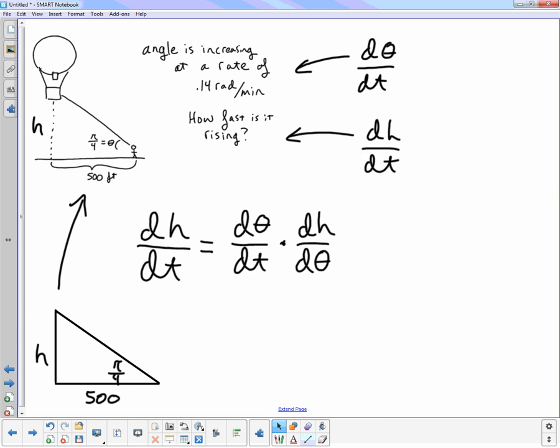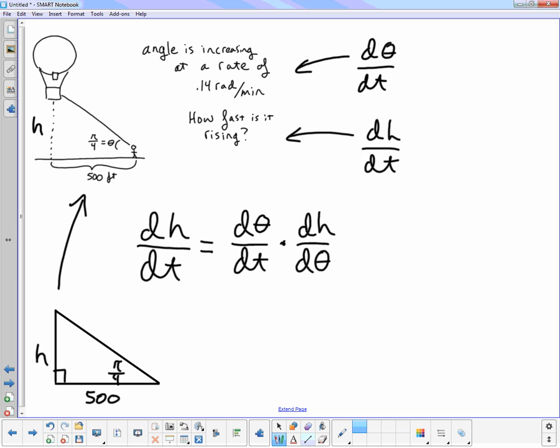So two legs and an angle. If I needed the hypotenuse, I would probably be dealing with the Pythagorean theorem in some way. But, I should say specifically that that is a right triangle.